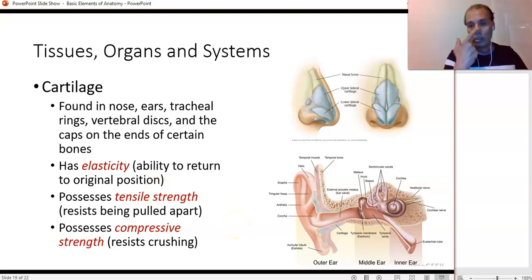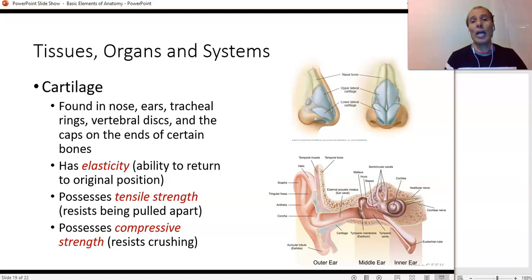We have cartilage in our noses, in our outer ears. The part of the ear canal inside has cartilage. The eustachian tube is cartilage. So cartilage is very essential in many cases.